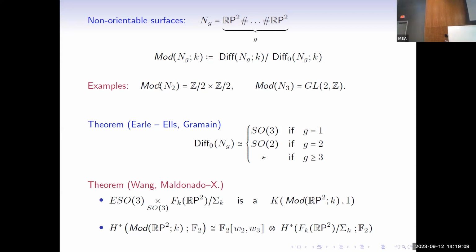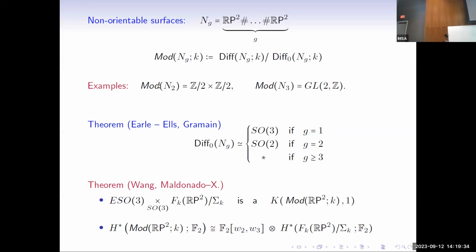So now, you might think that there's so much information in the case of genus 1, for instance, because it's the result of Smale and the mapping class group of RP2 is trivial. But then we can proceed to the case of marked points.